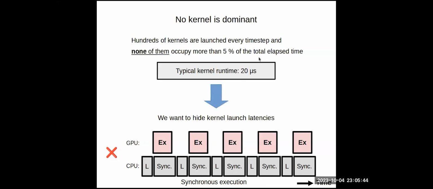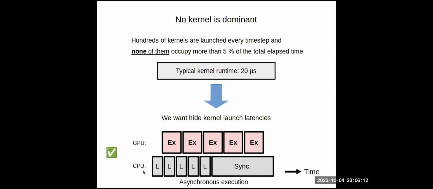So we cannot tune one kernel and improve the performance of the whole model significantly. Rather, the typical kernels run for around 20 microseconds. So the initial launch latencies really add up and slow down the model. We really do not want to launch the kernels synchronously with respect to CPUs.